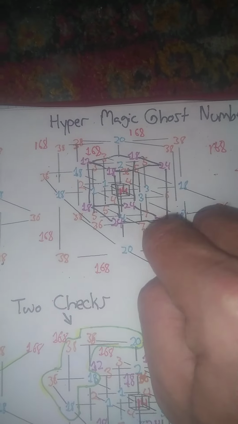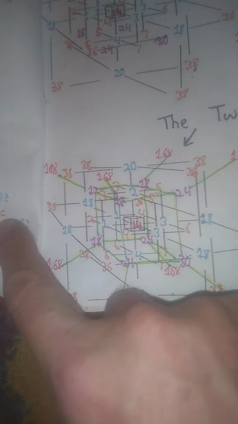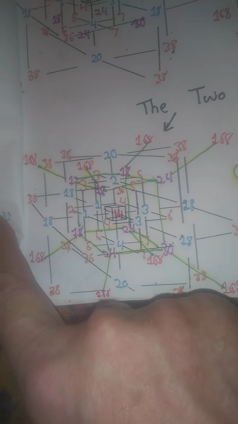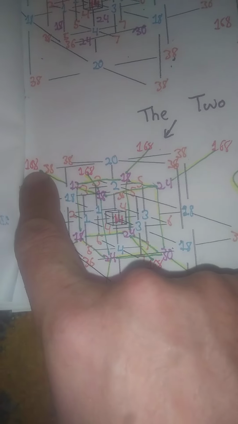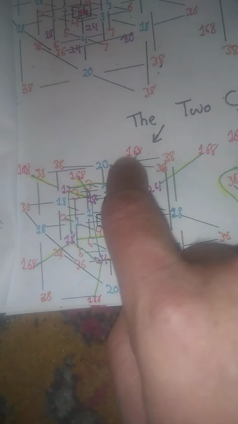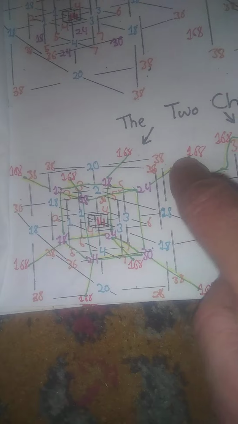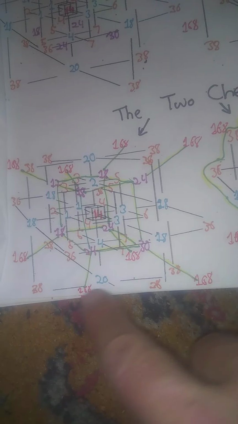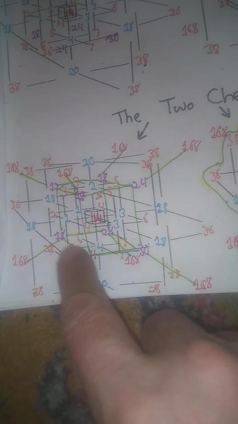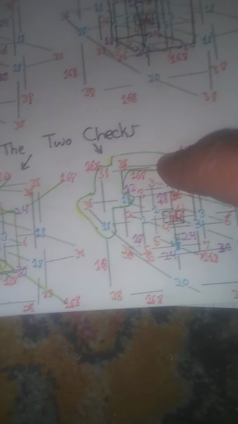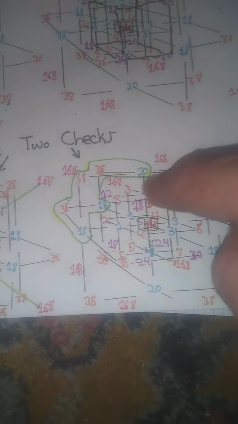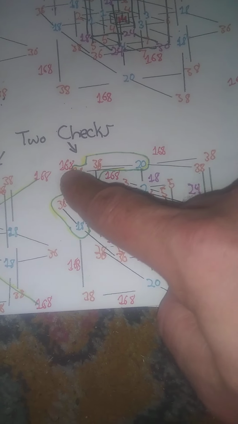these 8 numbers, and that corresponds to 168 for the hyper outer magic ghost number cube, magic ghost number, all around this circuitous box. And this is another check, and it's always going to be the same on any type of magic ghost number cube.